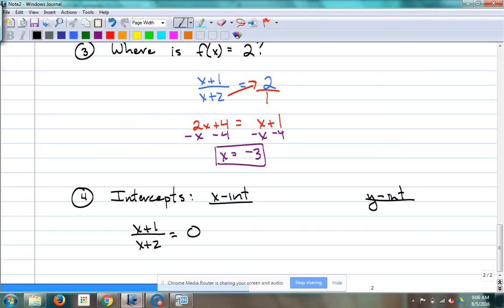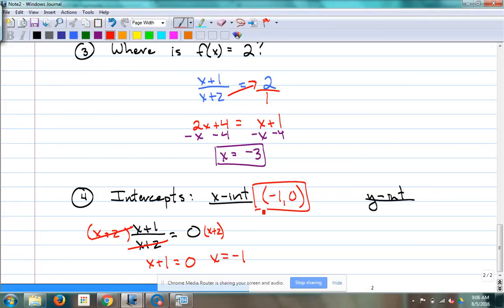And then that's a lot like what we just did for question number 3, right? Cross multiply. Works out real nice because I multiply 0 times x plus 2. To be x plus 1 equals 0. And that gets us x equals -1. So the x-intercept's at -1, 0. So that's that point that we saw on the graph where it crossed.